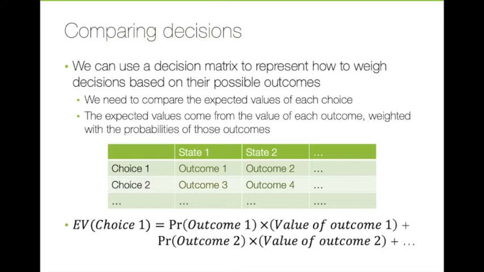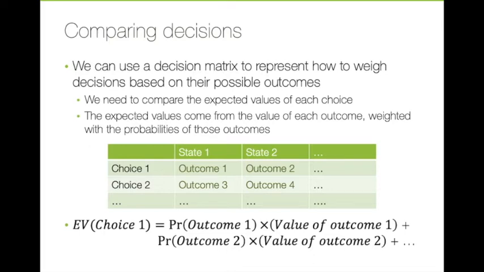We can then use this decision matrix as a guide to lead us to a more general formula than the one we looked at in our previous lesson video, one that tells us how to calculate the expected value of any kind of decision. So this more general formula weights the various choices based on their values and the probabilities of the outcomes that follow from the various states.